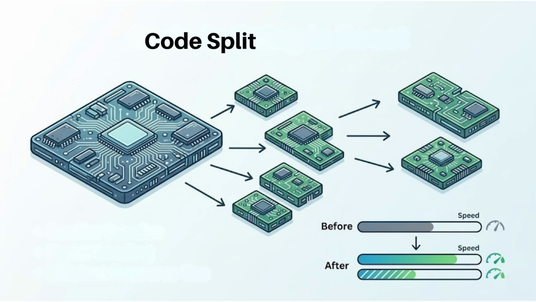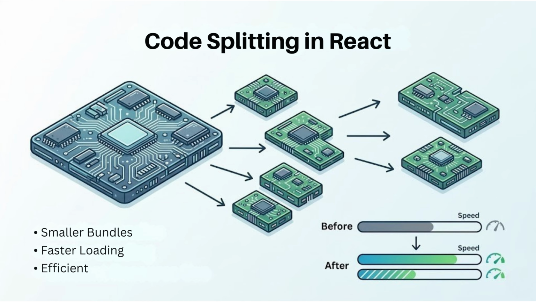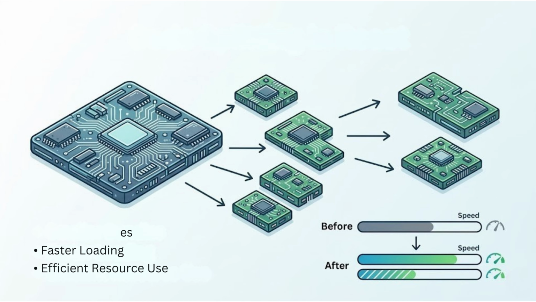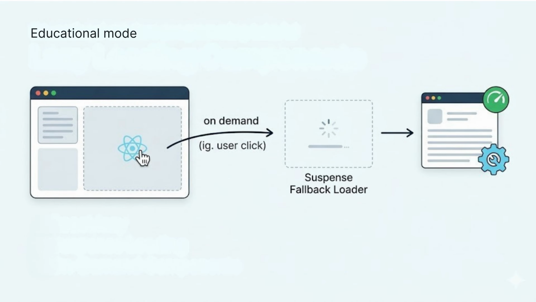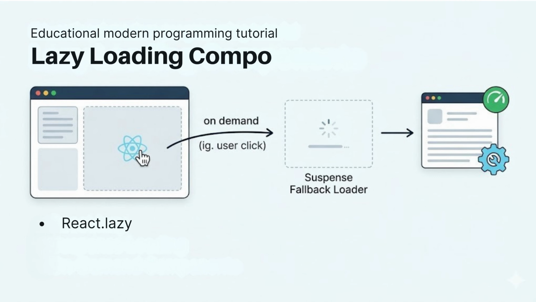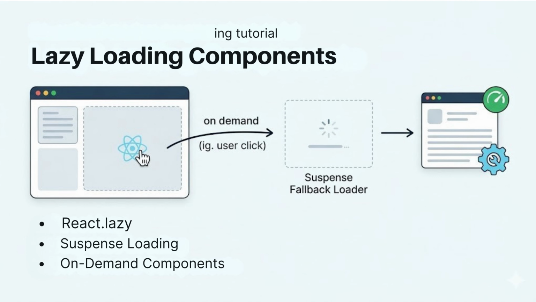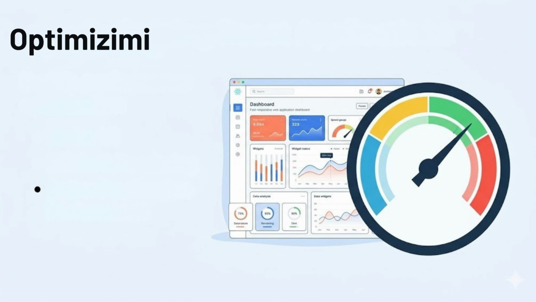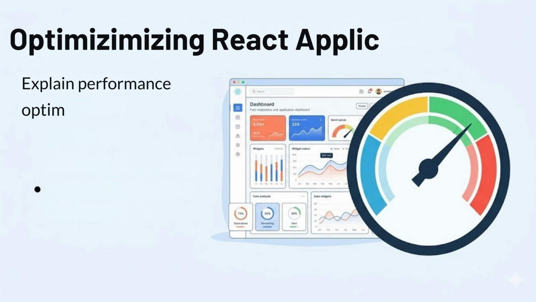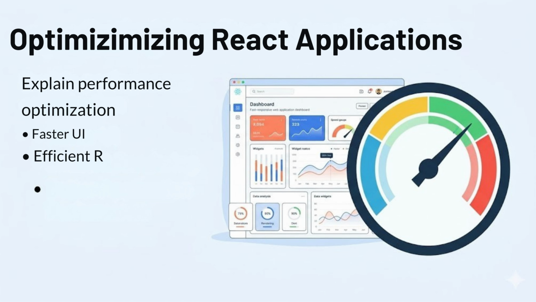Another technique is code splitting, where large applications are divided into smaller bundles. Using React.lazy and Suspense, components can be loaded only when needed. These techniques help improve the speed and efficiency of React applications.